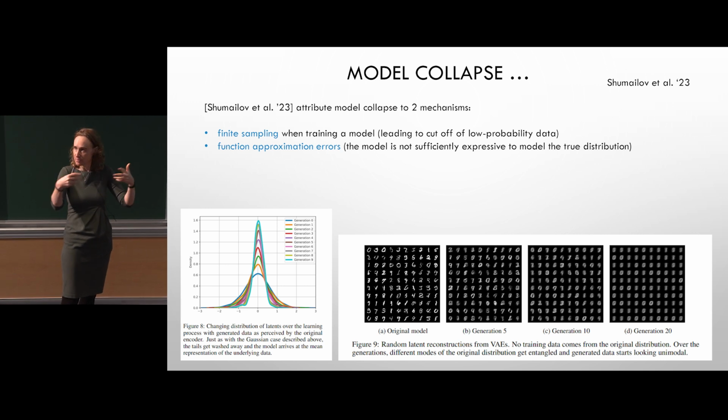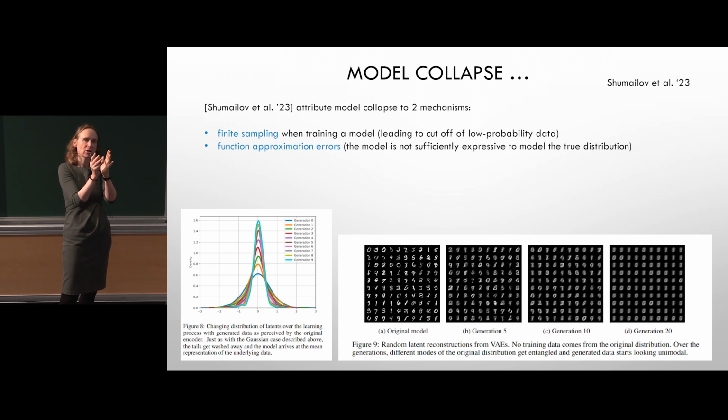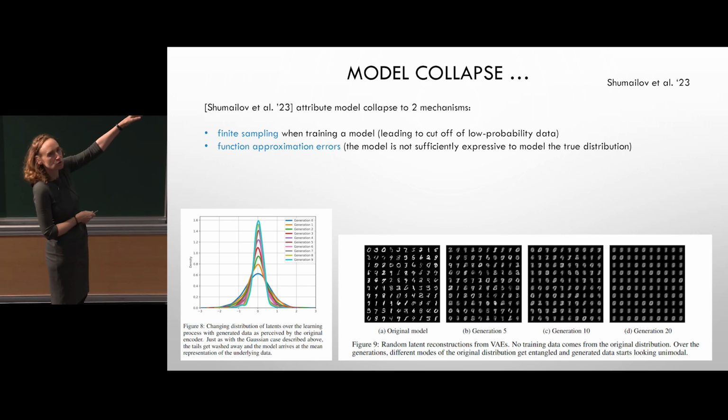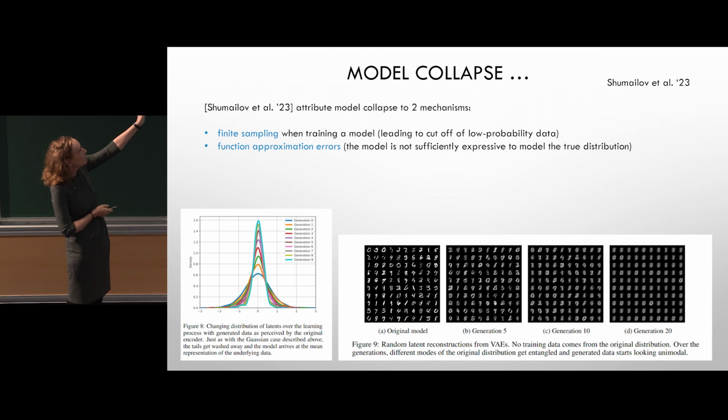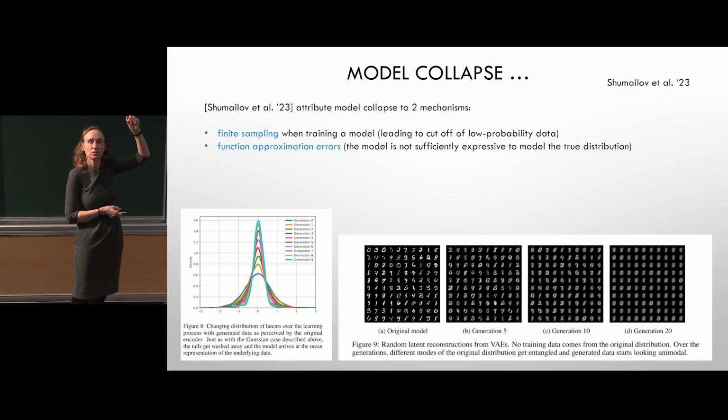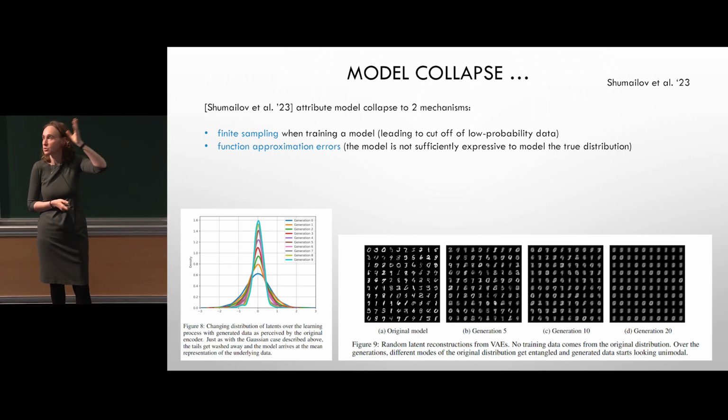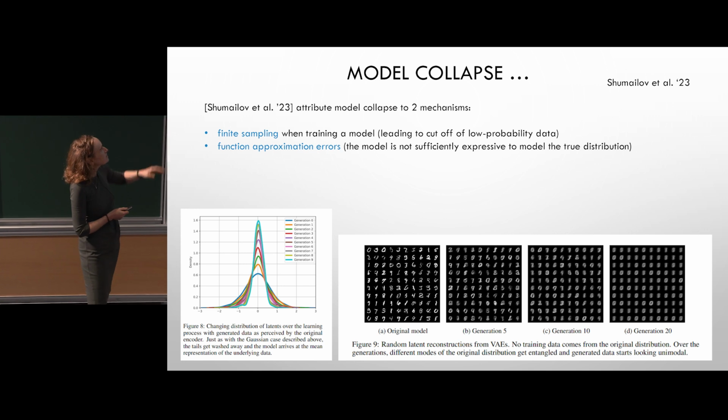Just by sampling a finite amount, you'll only sample the center, you'll retrain a model, it will learn more of the center, and as a result, in this variational autoencoder setup, you get a narrower and narrower Gaussian until you only output one point, and the thing is totally senseless. So they analyzed this.